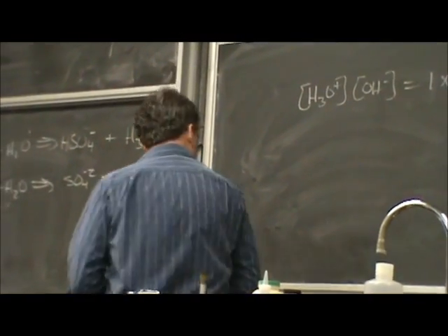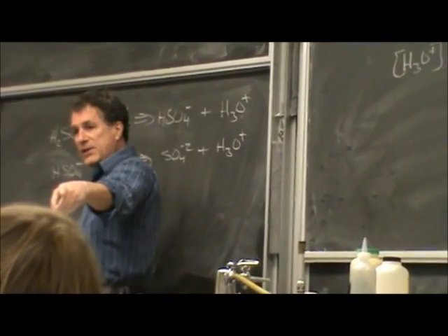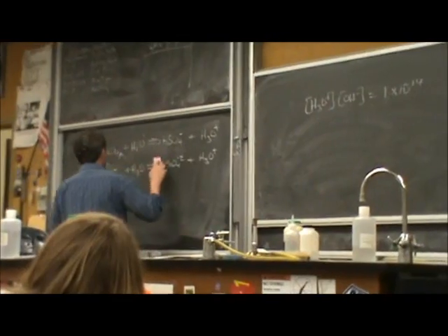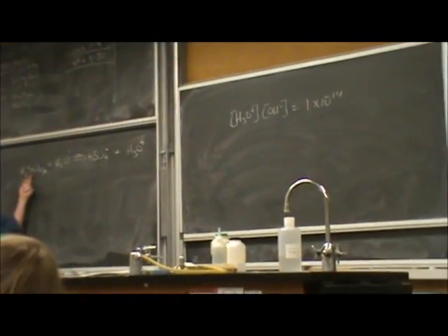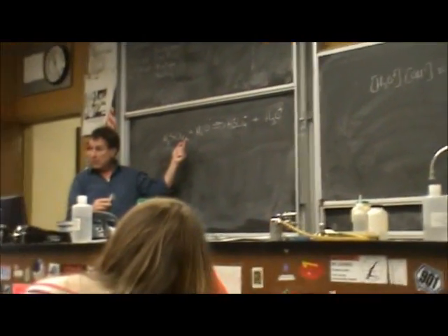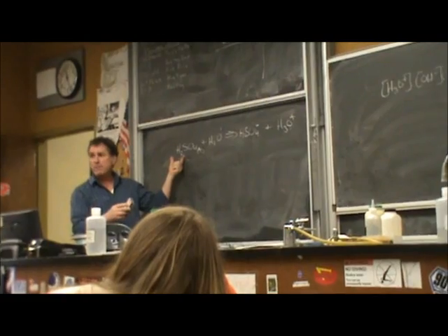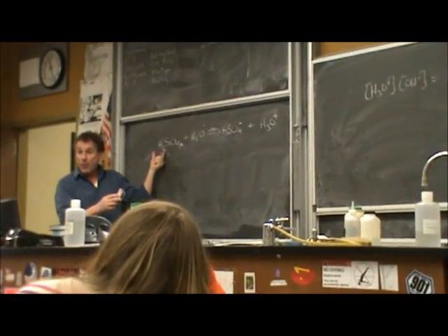Okay. Now, no mystery then as to why adding sodium hydroxide to water makes the pH go up. No mystery as to why, if we add sulfuric acid to water, the pH would go down. Because what are we making when we add a strong acid like sulfuric acid? Hydrochloric acid, nitric acid, perchloric acid, hydrobromic acid.